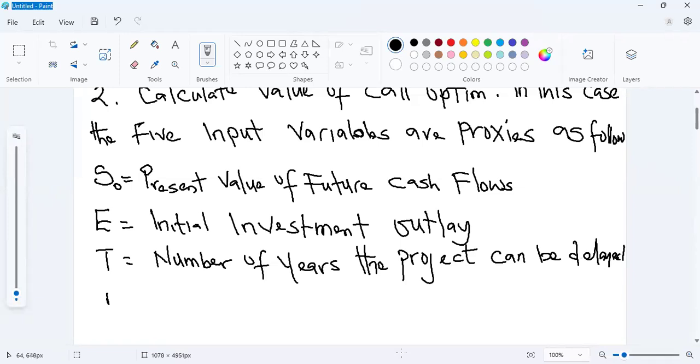How? This is the risk-free rate, as given.